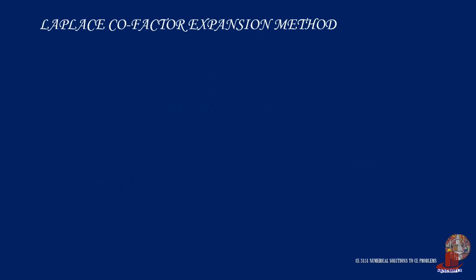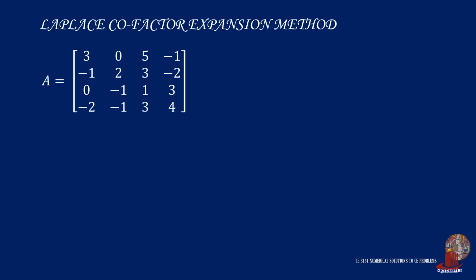The general method is known as Laplace cofactor expansion. From its name, we are going to use the cofactor of a matrix in reducing it until it is small enough to use the shortcut methods. Laplace cofactor expansion is a long procedure, but a tip to reduce the steps is to look for elements valued as 0.